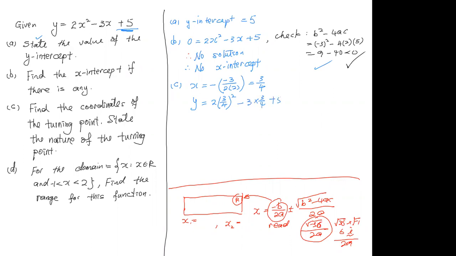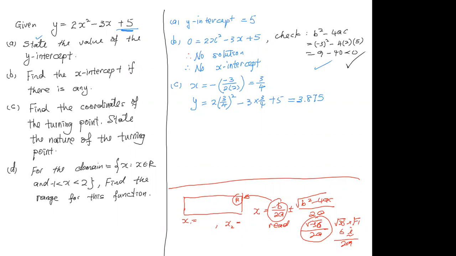Okay, can someone give me the answer? If you have the graphic calculator, I can teach you how to get it straight away. 3.875. Okay, 3.875 will be 7 over 8, is it? 31 over 8.